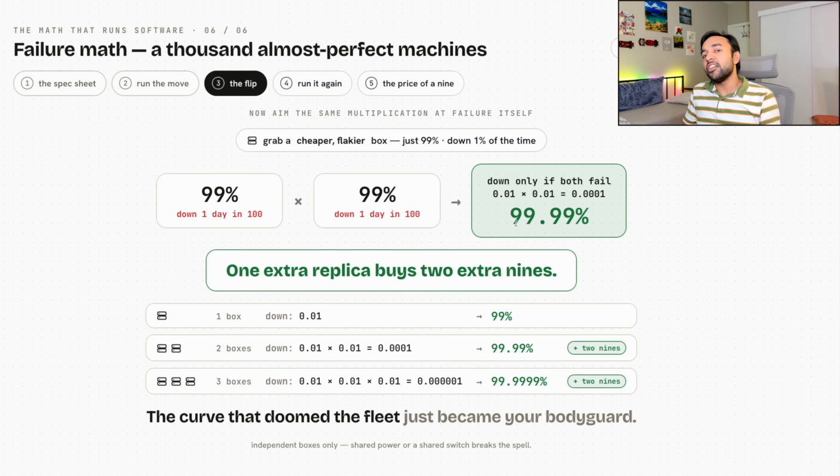So your availability immediately goes up to 99.99%. Basically, every replica that you add is gonna add more 9s to your availability. One box gave you 99% availability, two boxes, one primary and one replica, gives you 99.99%. One box with two replicas gives you 99.9999% availability.